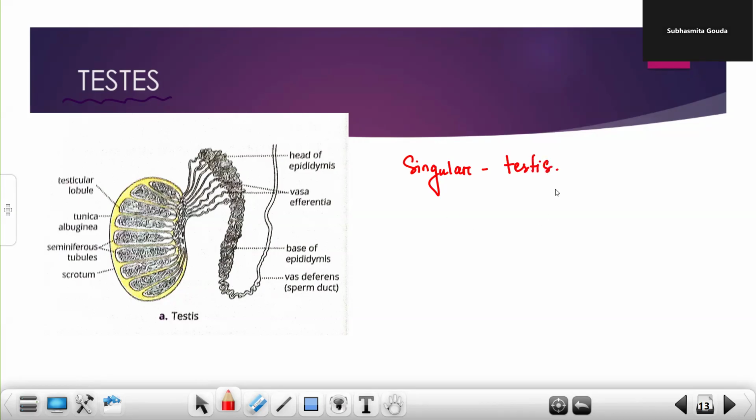This is the male gonad, and in the embryonic stage, the testes are contained within the abdomen. जब एम्ब्रियो के थ्रो होता है तब ये जो टेस्टिस होता है वो एब्डोमेन के अंदर होता है, बट जस्ट बिफोर बर्थ, बर्थ होने से जस्ट बिफोर वो क्या होता है, एब्डोमेन के नीचे आता है, मीन्स द डिसेंट डाउन जस्ट बिफोर बर्थ. सो दिस टेस्टिस आर ऑल्सो कॉल्ड एज द एक्स्ट्रा एब्डोमिनल. Also called extra abdominal.